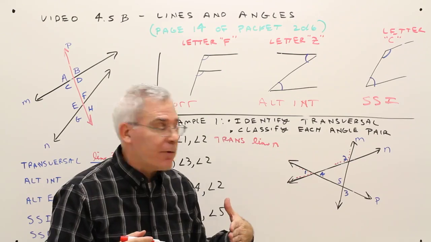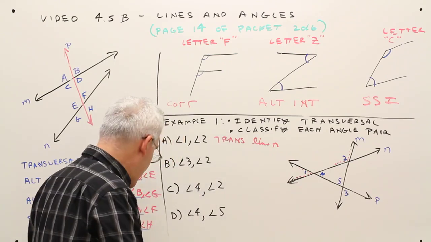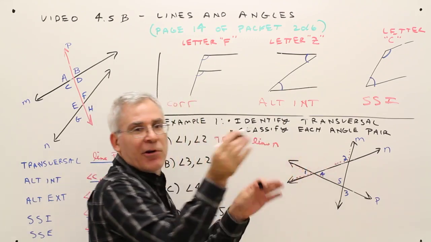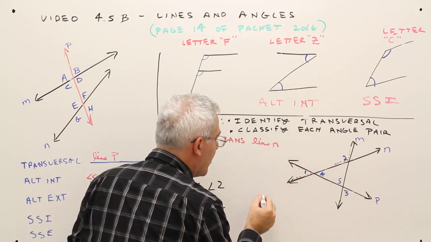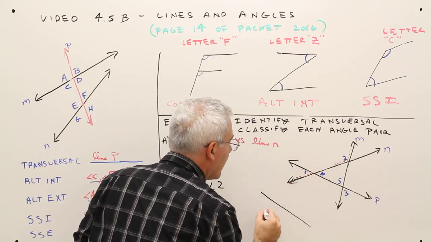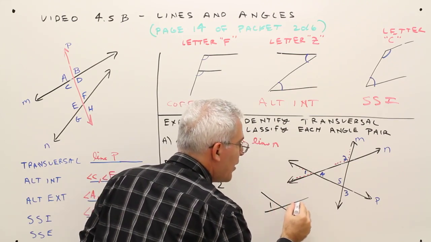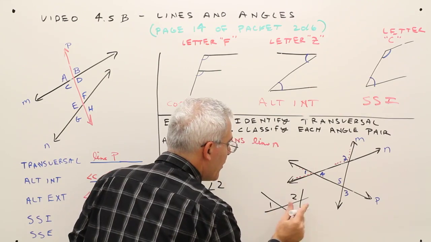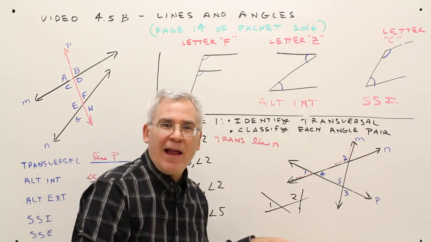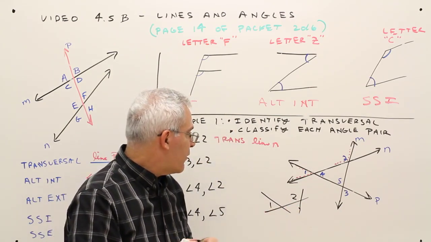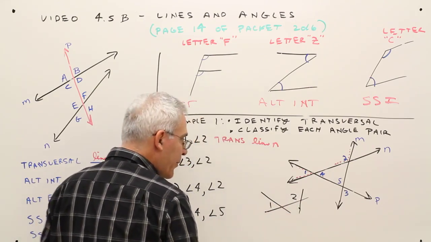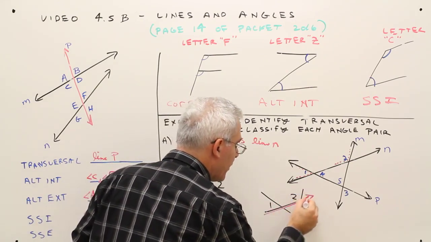and then I've got to classify the angle pairs. All right, so what I'm going to do is I'm just going to quickly redraw this. So I could highlight it here and erase, but it's hard on the whiteboard. So it looks like I've got an angle 1 here, I've got an angle 2 here, and what I'm going to do is not make those other lines intersect. That's what confuses students. Okay, so this is my transversal. Maybe I'll make that in a different color.